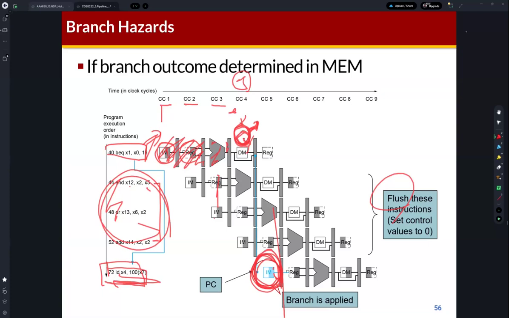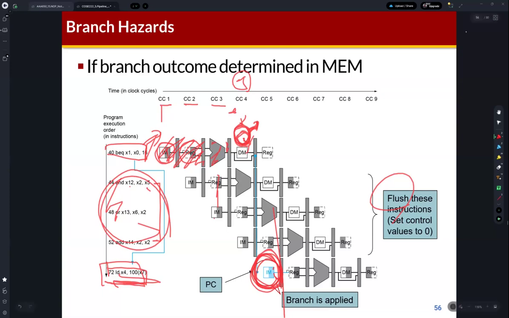Then what is required? So how can we improve? It means how can we reduce the wasted clock cycles by this branch instruction? If the condition of the branch instruction is detected earlier, right?